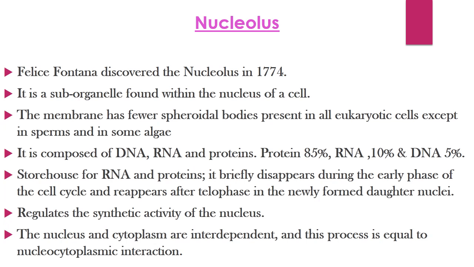It is composed of DNA, RNA and proteins: around 85% proteins, RNA 10% and DNA 5%. It is the storehouse for RNA and proteins. It briefly disappears during the early phase of the cell cycle and reappears after telophase in the newly formed daughter nuclei. You can see telophase and the cell cycle in cell division.